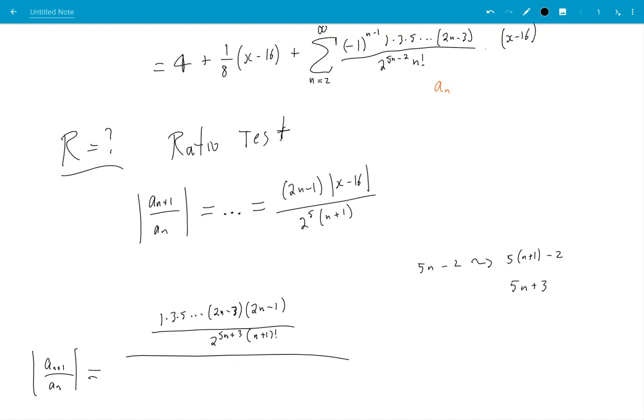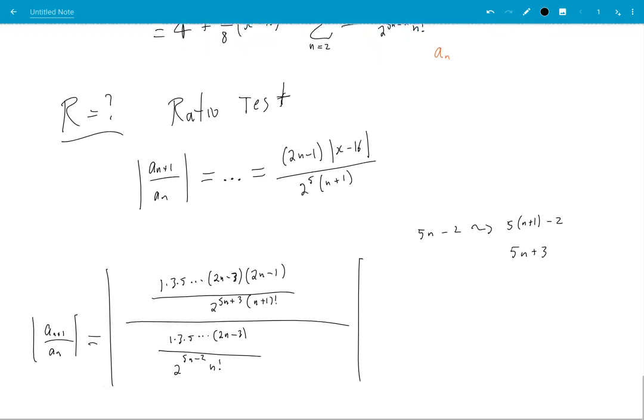Okay, and underneath I just have a_n copied down. 1 times 3 times 5, all the way up to 2n minus 3. Underneath is 2 to the 5n minus 2, and n factorial.